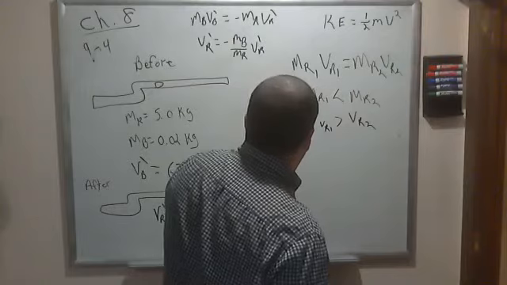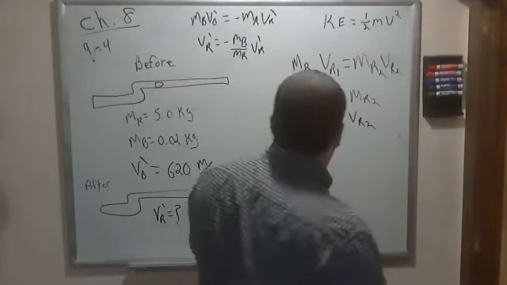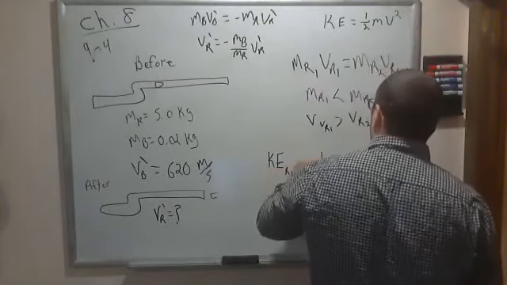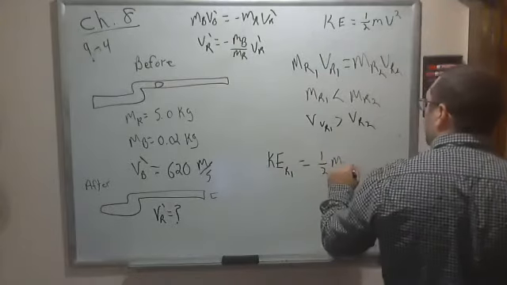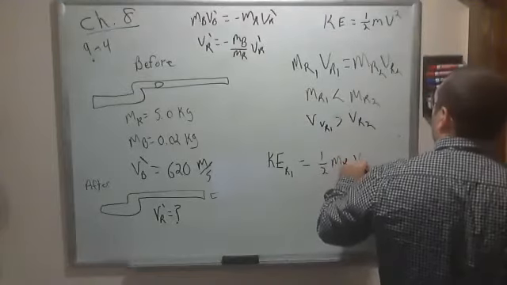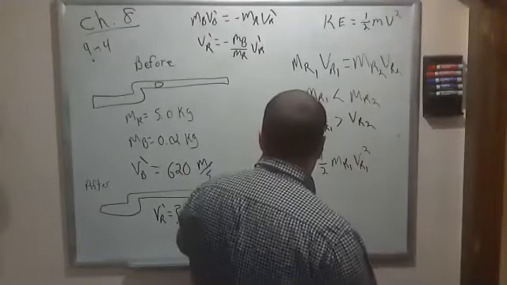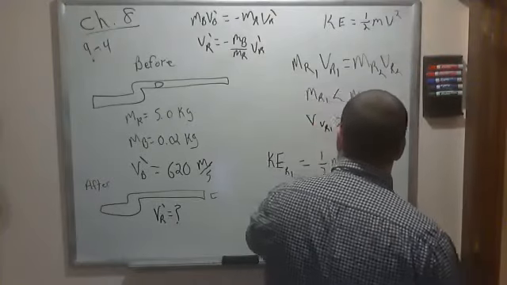So let's take a look at this. The kinetic energy of R1 is equal to one half M1 V1 squared, and the kinetic energy of R2 is equal to this.